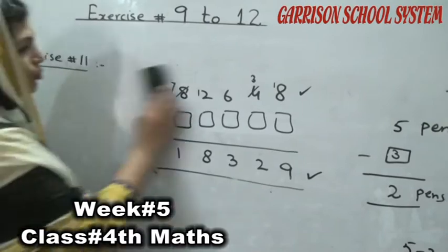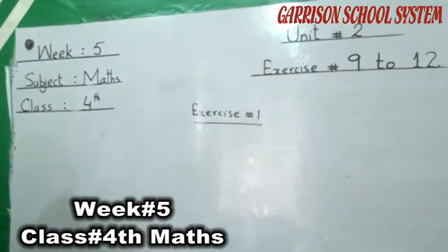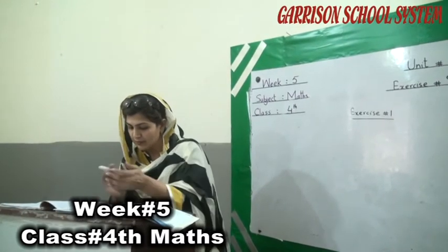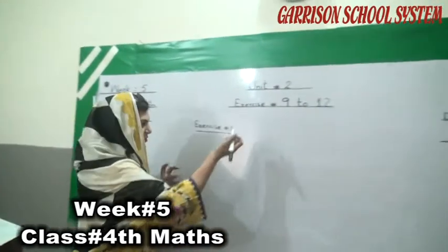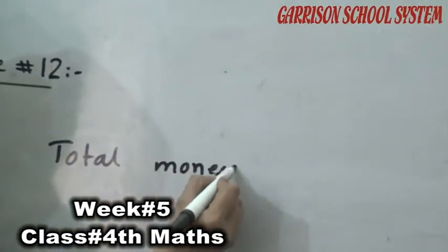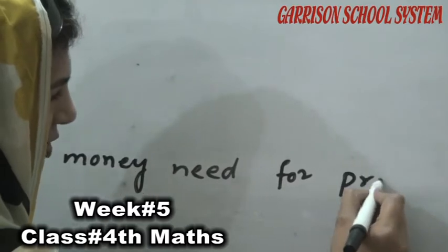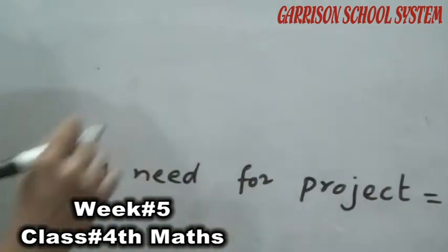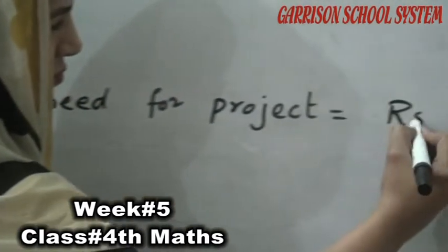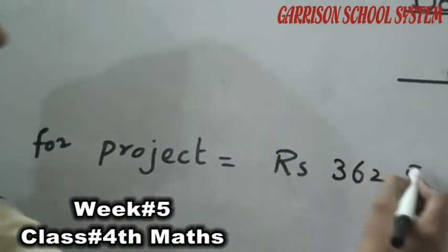So we will do this subtraction. We can write it in this way: total money needed for this project. How much money does he need? Rupees 362,520 for the project.